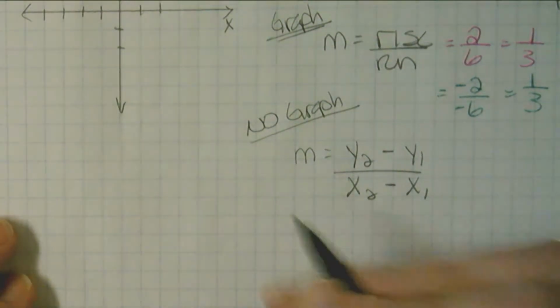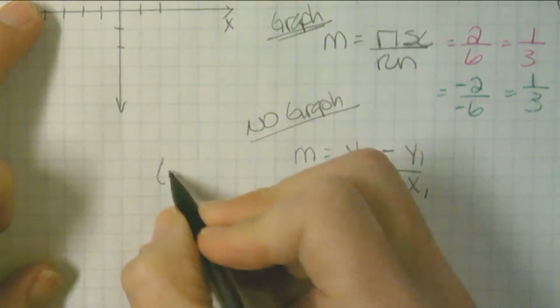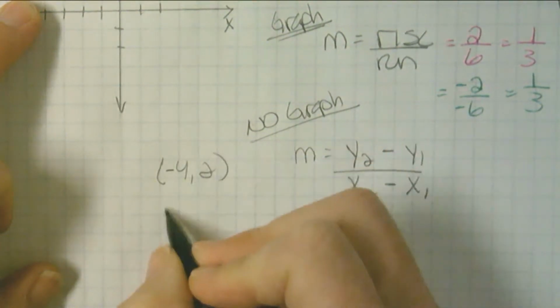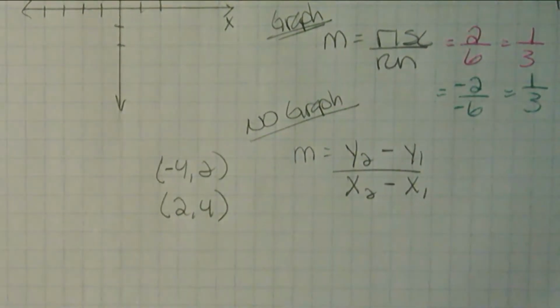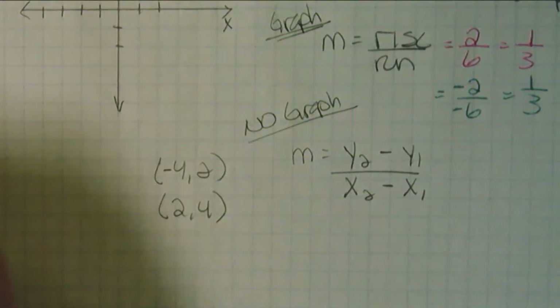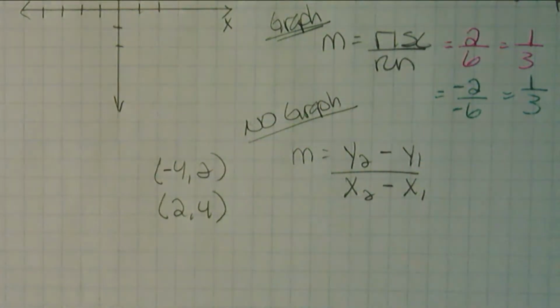So we don't have a graph. What we have to use is our coordinate points. Take one of those coordinate points, make it your x1, y1, make the other one your x2, y2. It doesn't matter. It's like where you start graphically.